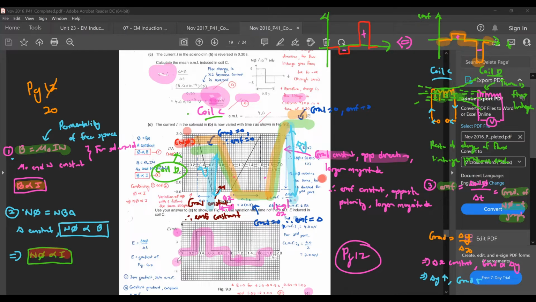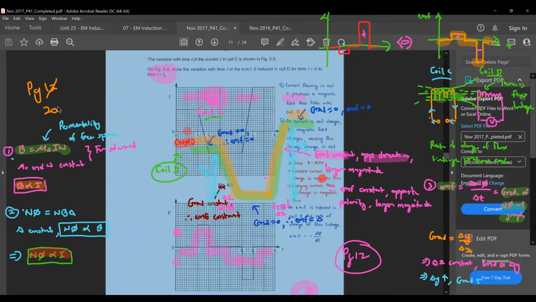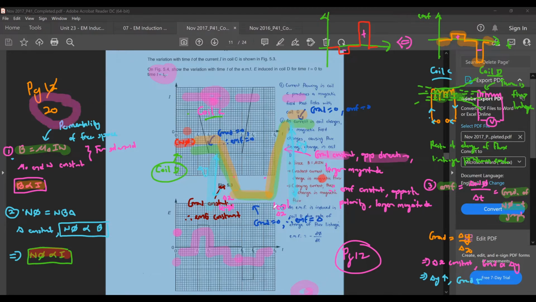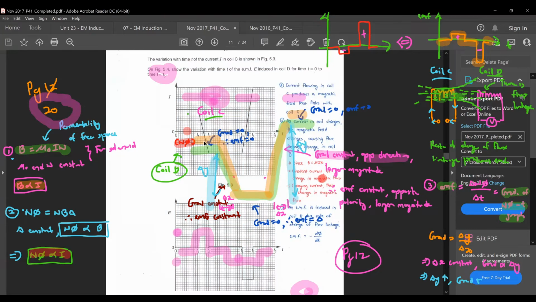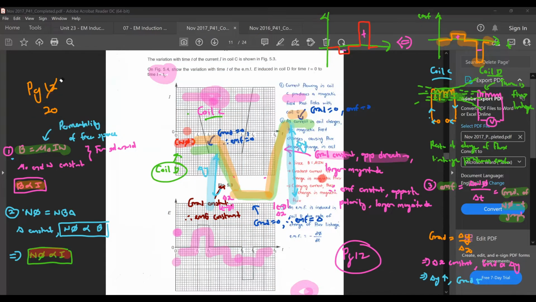So in cases where they give you values, and your graph drawing has a lot of marks allocated to it, they expect you to indicate the values. Just bear that in mind. In the current one that you're looking at in page 20, you don't need to indicate because there are no values given whatsoever. Okay, so this one is okay.